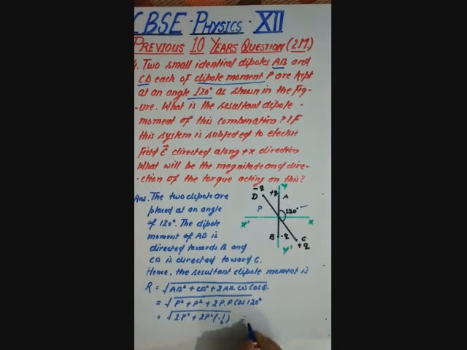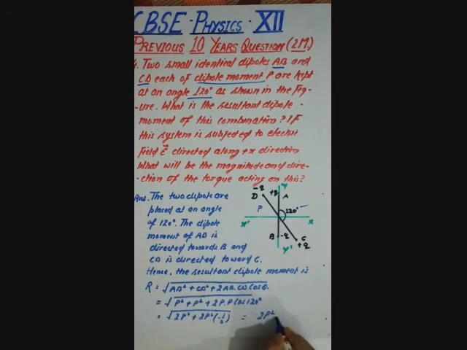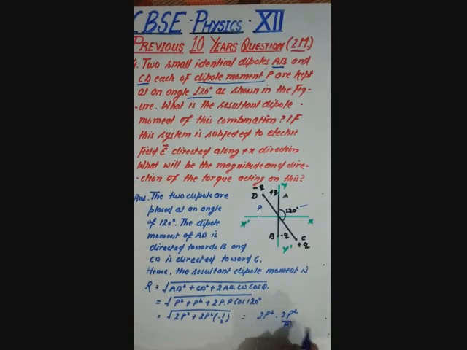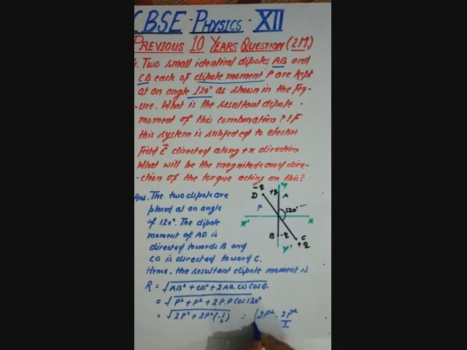So it will become under root of 2P square minus P square, which is P square.